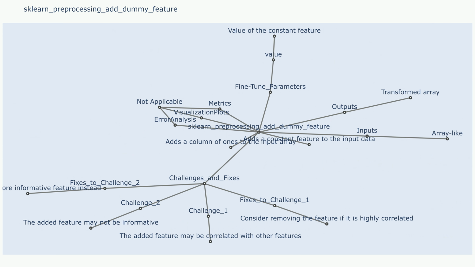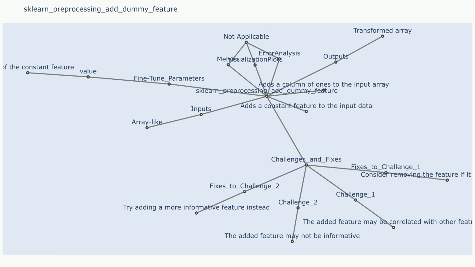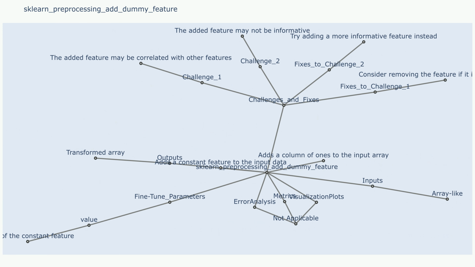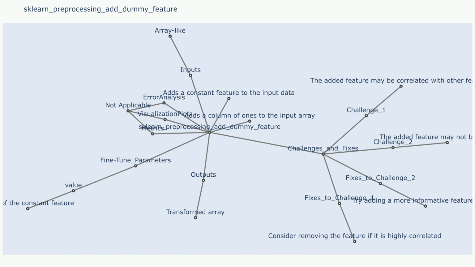It checks if the input is a sparse matrix or a numpy array. If it is a sparse matrix, it converts it to a dense numpy array. It creates a column of ones with the same number of rows as the input. It horizontally stacks the input array and the column of ones, adding the dummy feature to the existing data.